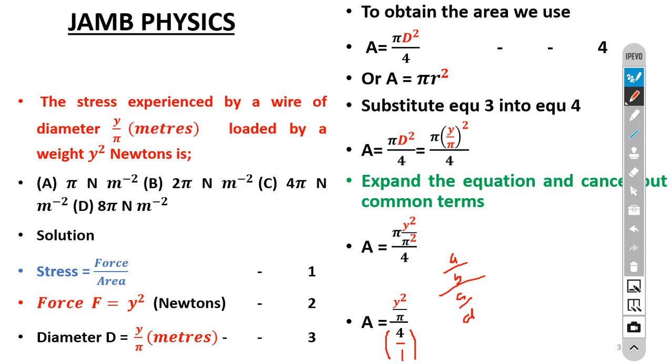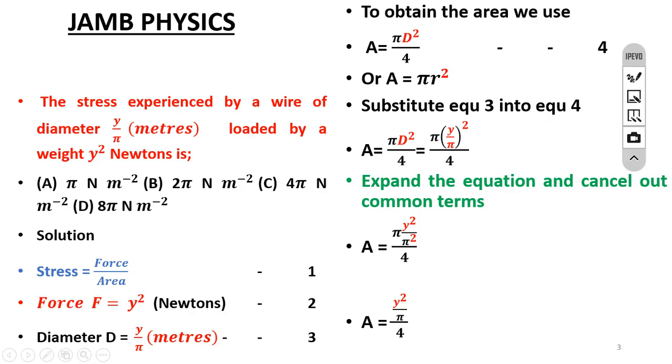This is the same thing as a all over b times, you now invert the denominator. Invert the denominator, that would be d over c. When you invert the denominator, it changes the division sign from division to multiplication. By doing this, you will be able to go ahead and simplify it.